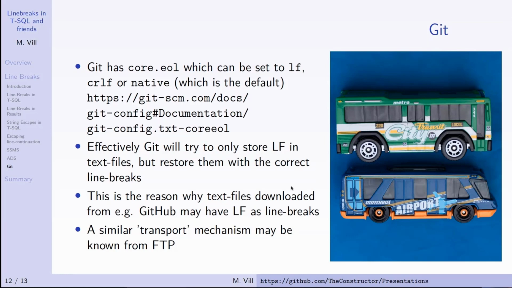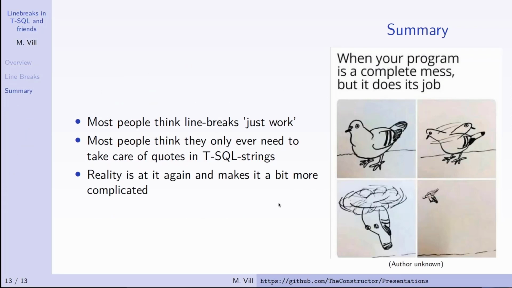And probably for some of you, you might remember FTP having two transport modes, one being binary and one being text. This was also trying to convert the line breaks to the target system. And sometimes it really messed up badly with binary files that didn't have anything to do with text. So in effect, it is just like many things.